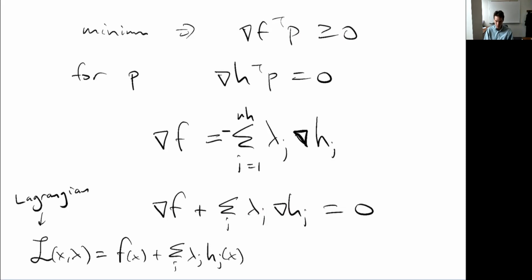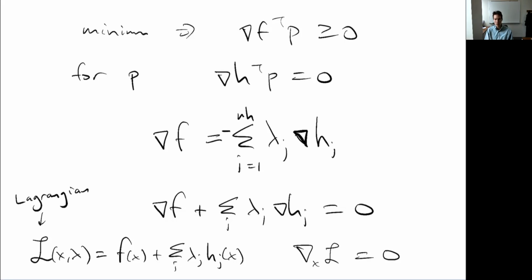And notice this condition here is equivalent to saying the gradient of the Lagrangian with respect to x is equal to 0. So this becomes our new first order optimality condition. It's not true anymore that the gradient of f is 0.